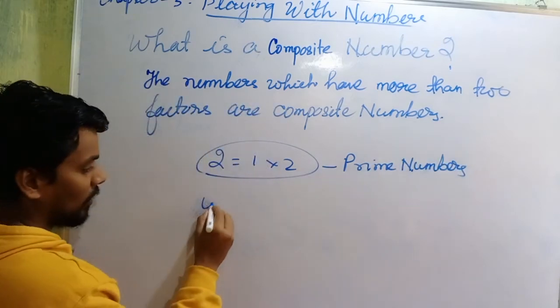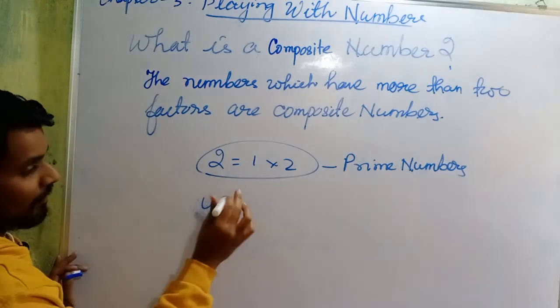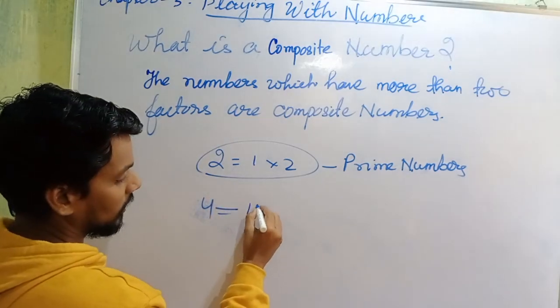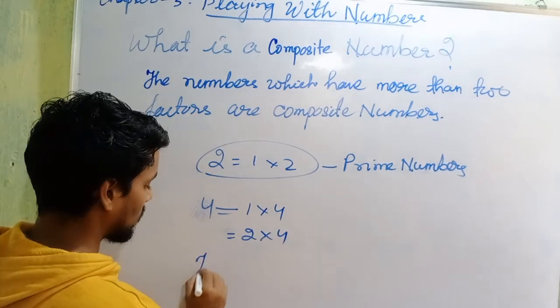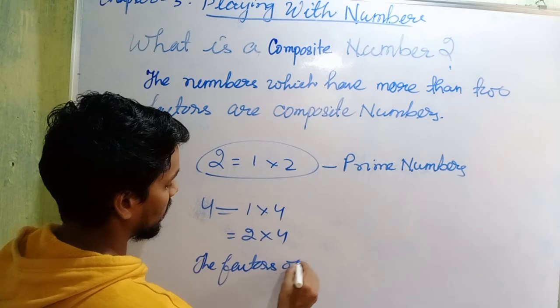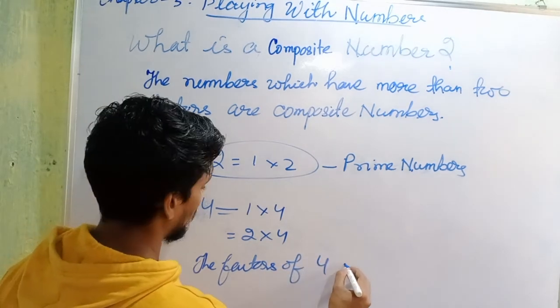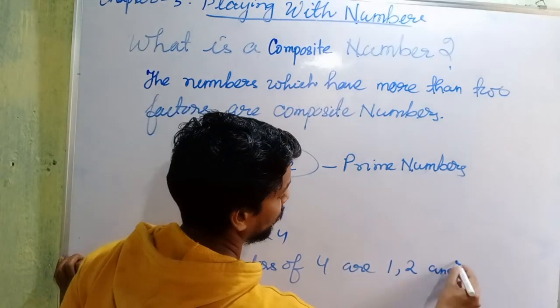But when we were checking the factors of 4, we got 1 and 4, and 2 and 2. So the factors of 4 are 1, 2 and 4.